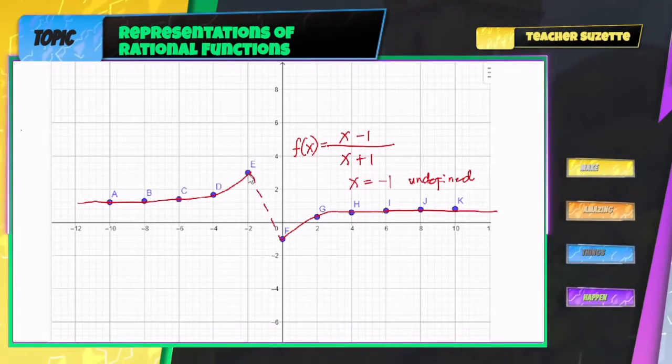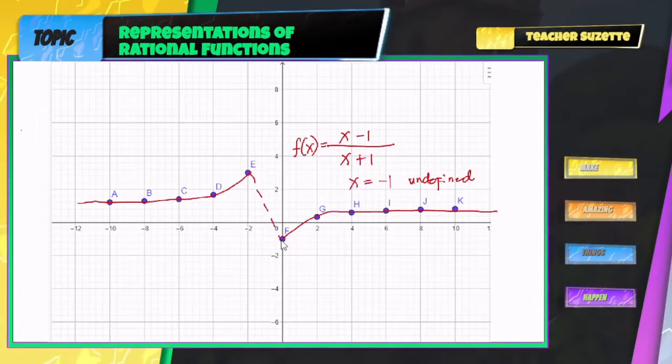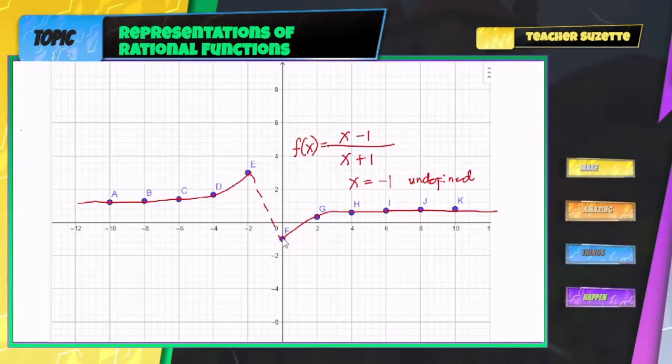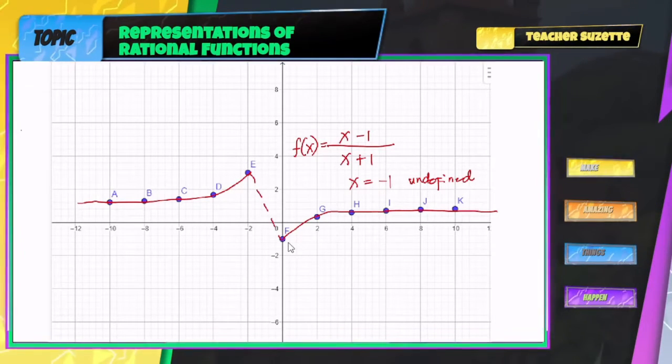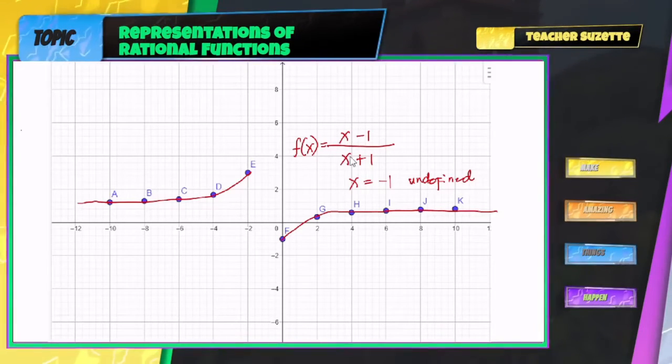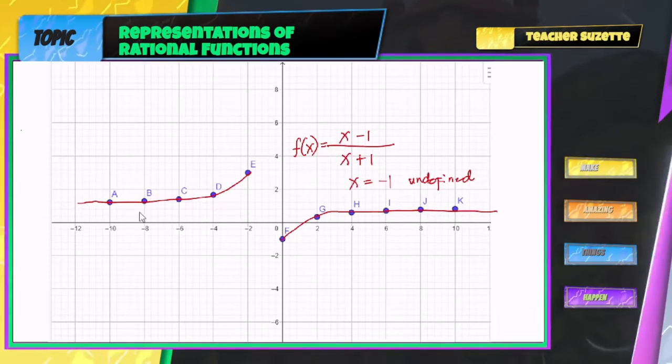Kasi pag nag-connect po tayo, it will imply that there is a point in the graph of your function where your x is equal to negative 1. So the proper graph of our function f of x is equal to x minus 1 over x plus 1 is this way.